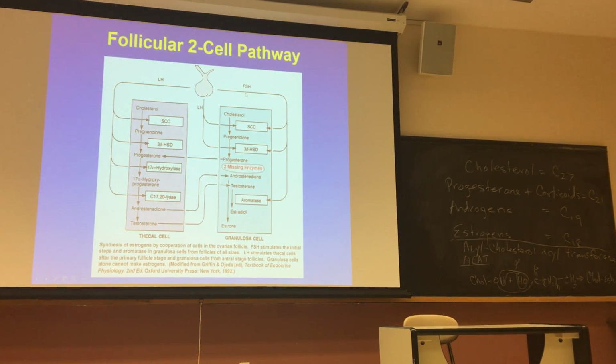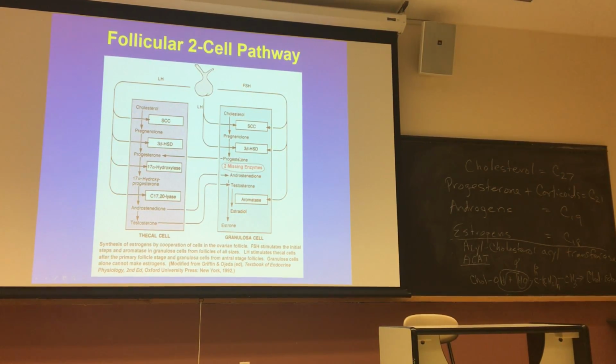FSH, on the other hand, in cooperation with LH, stimulates the production of progesterone and the production of estrogens. But it can't do it directly. It's missing the enzymes between progesterone and the androgens.